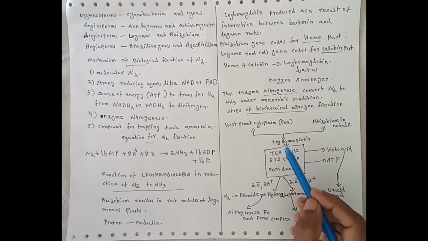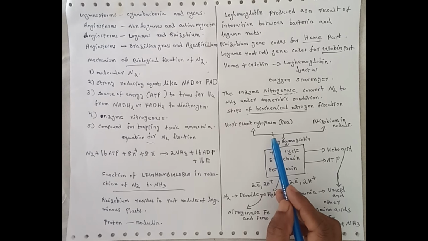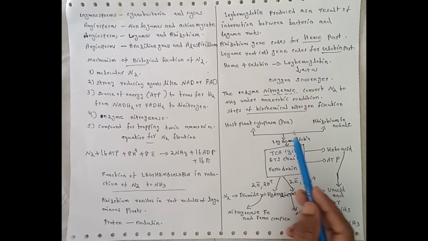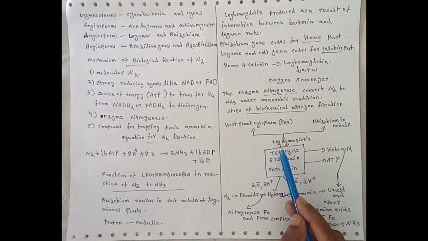Then the steps of biochemical nitrogen fixation. The host plant cytoplasm, for example the legume pea, and Rhizobium in the nodule form leg hemoglobin. This leg hemoglobin enters into the TCA cycle.